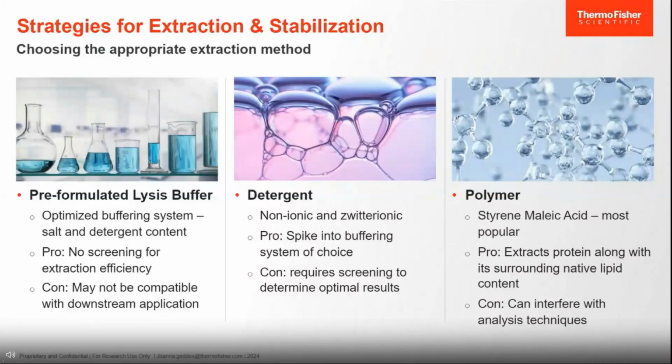But it is going to require you to screen multiple different types of detergent in order to determine what is optimal. Lastly, a polymer is going to give you that native lipid environment along with your membrane protein that's going to really ensure that you have that native structure and function. It's also going to require screening, but maybe not so much as detergent, as you can utilize things like Kalal's database to help narrow down which ones you want to screen.